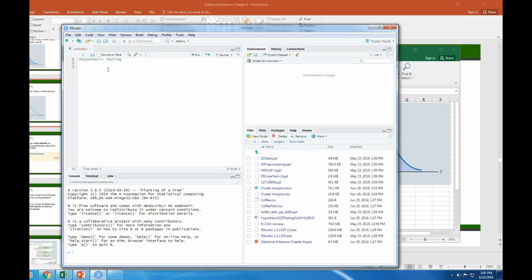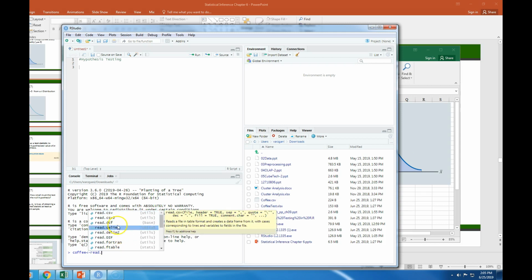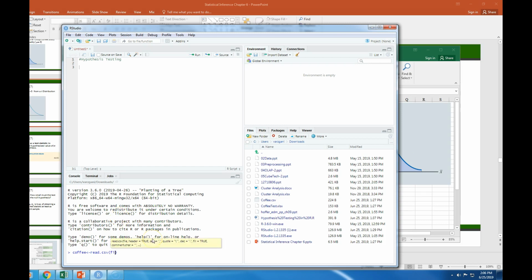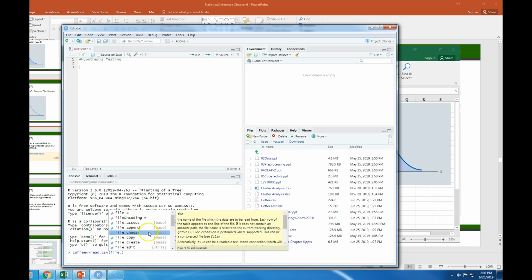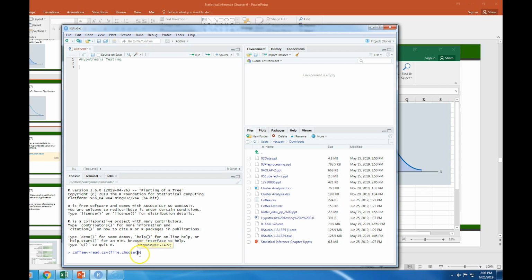In order to calculate the t-statistic, I first need to store some values, and obviously first I need to import my data set into R. So I'm going to move to my console, and here I want to name my new data set as coffee, and I'm going to use the read.csv function in order to import my data set into R. Header is equal to true.